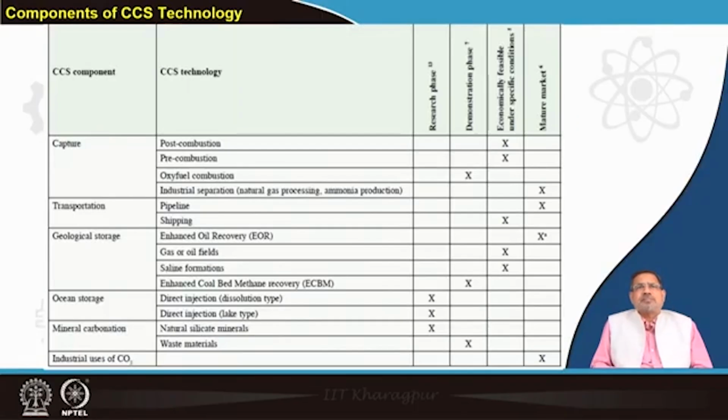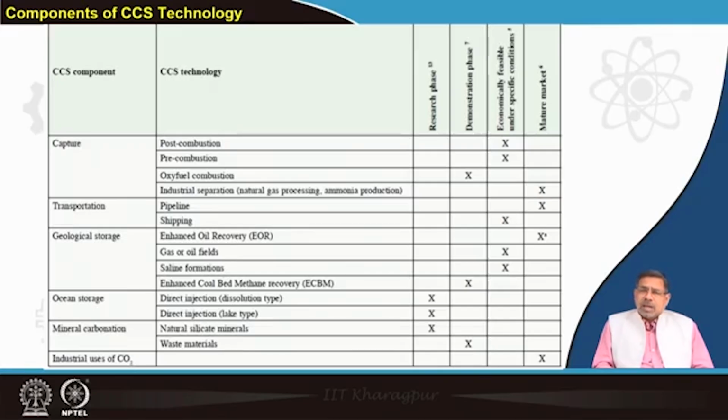So as far as the components and the technology, we can see here on the left hand side the carbon dioxide capture component, transportation component, storage in terms of geological and ocean sphere, and also mineral carbonation, and also some industrial use. And the second column talks about various technologies.